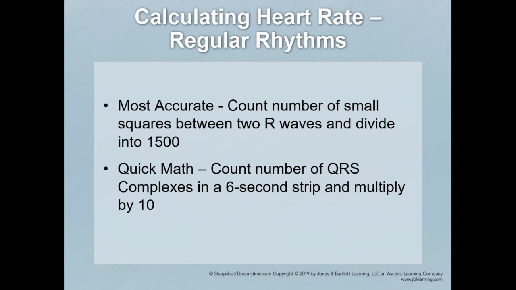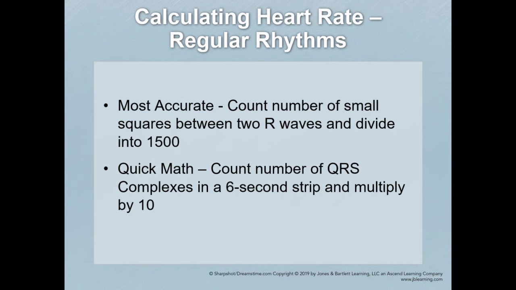Okay, it is not specific, it is a generalized heart rate. So if I had a 6-second strip, and in that 6-second strip I had 7 QRSs, I would say 7 times 10, and I would have a heart rate of about 70. If I had 14 QRS complexes in a 6-second strip, I would multiply that times 10, and I would have a heart rate of about 140.